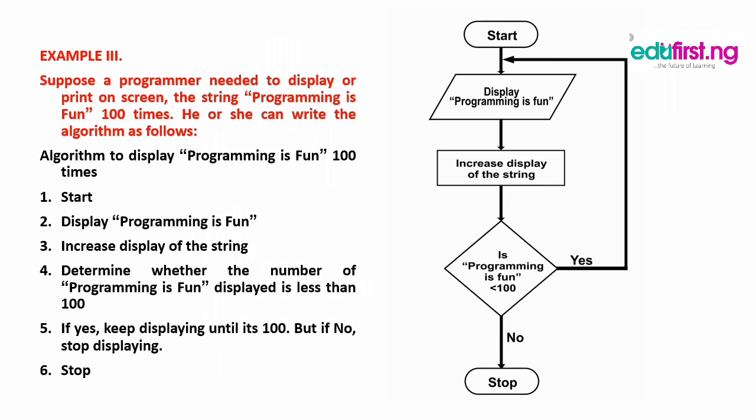Second step, display programming is fun. Third step, increase display of the string. Fourth step, determine whether the number of programming is fun displayed is less than 100. If yes, keep displaying until it is 100, but if no, stop displaying, then stop. The flowchart is very close to the algorithm, as you can see. I want you to study it, look at it very well.